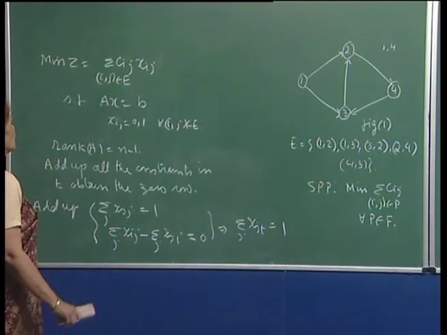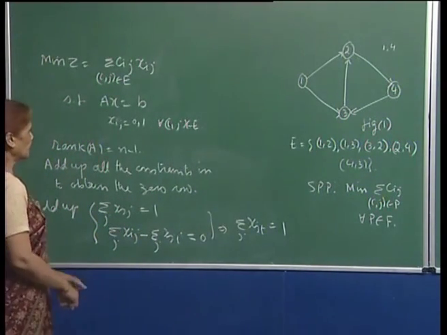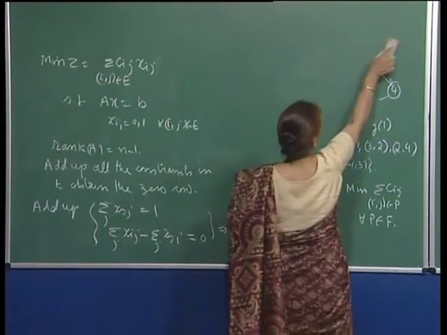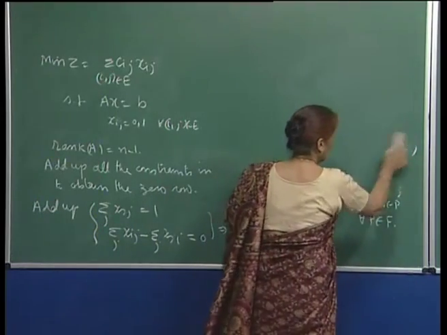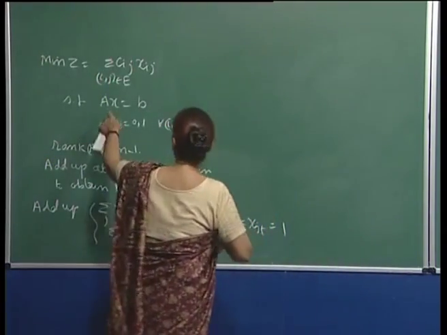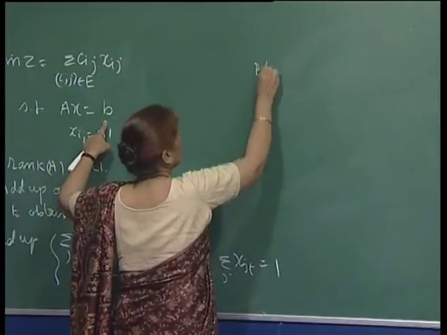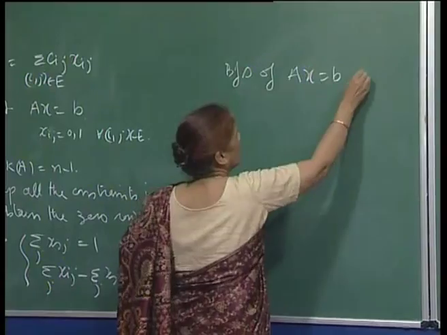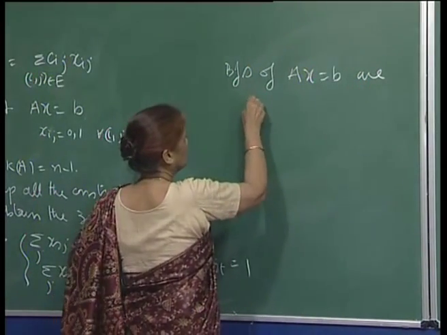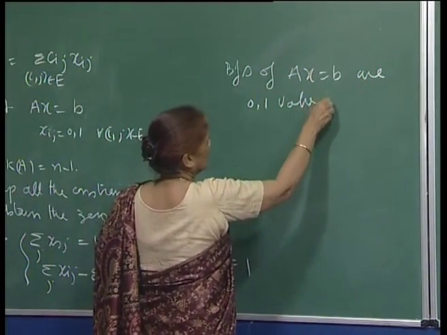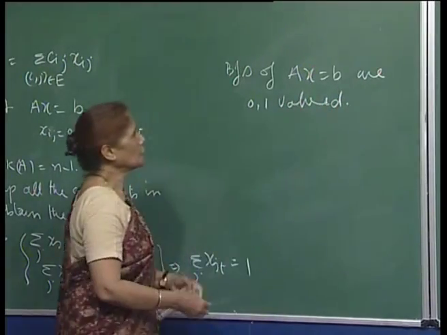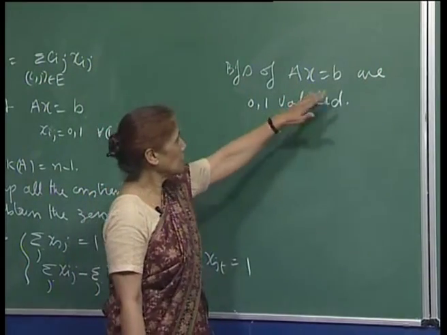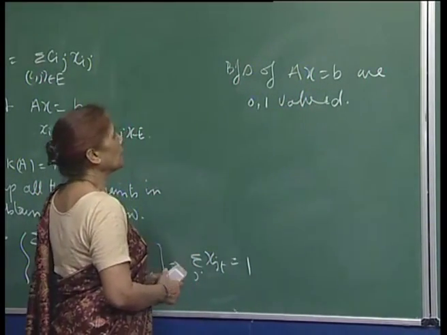Another property of matrix A is that the basic feasible solutions of Ax equal to b are 0-1 valued. This property is also known as the unimodularity property. In this course we will not be able to show you why this holds.